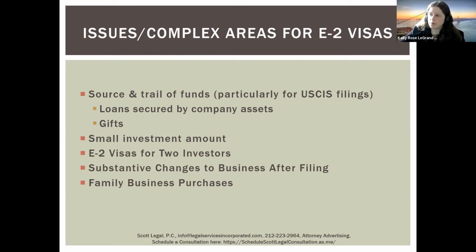So for family business purchases, this is another issue that can come up sometimes. If you're purchasing a business, then usually the fair market value of the business on the open market is going to be considered substantial. If you're purchasing from a family member, inherently there's going to be more scrutiny, more attention paid to whether this is actually the fair market value of the business.